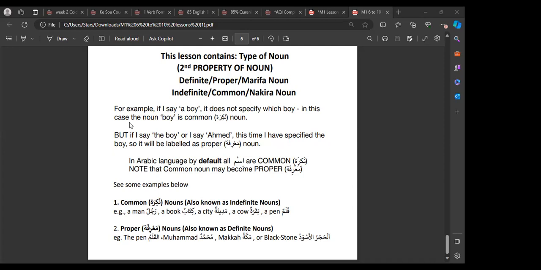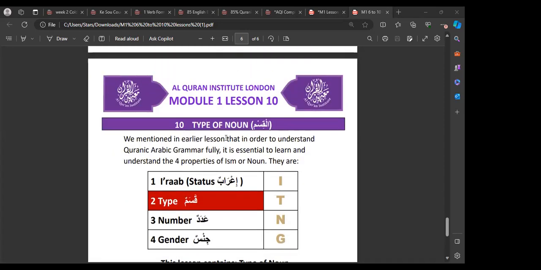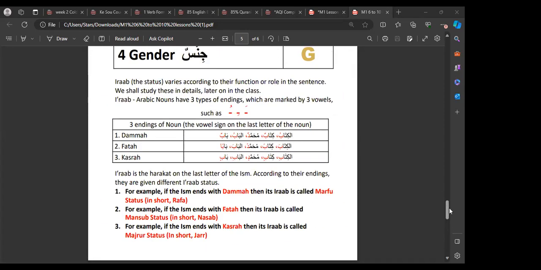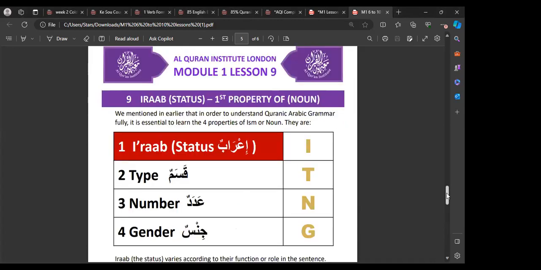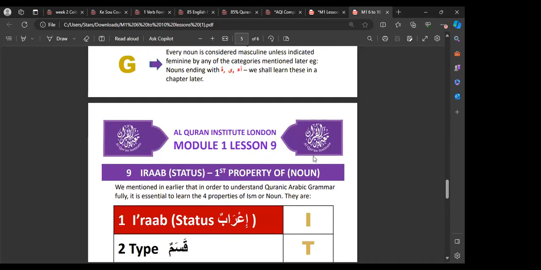So we still have half an hour to cover the lessons we've gone through today. Exactly. So we'll go over lesson 9 and 10 again, inshallah, just so that it's secure, because we want to learn things in detail, not quickly. Okay, so lesson 9, which is the most important one, is i'rab.